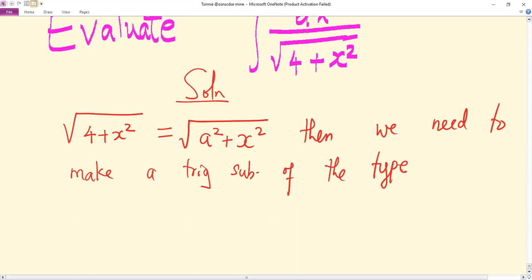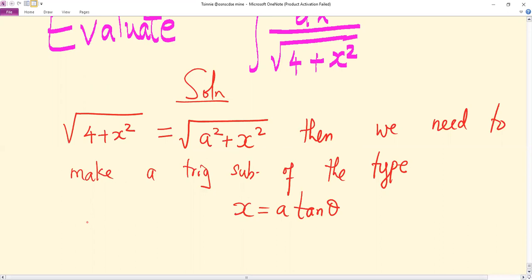Remember, when the radicand was a squared plus x squared, then the correct form of substitution to pick was x equals a tan theta. So this is the correct form to pick whenever the integrand is of this form.